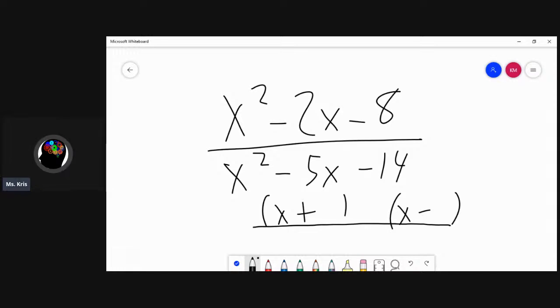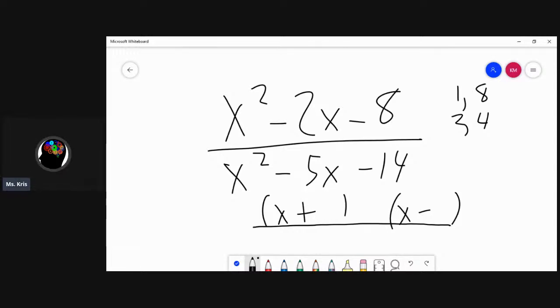So what multiplied together gives me a negative 8? What subtracted from each other gives me a negative 2? Just in case you don't know the factored pairs of 8, here they are. You have 1 and 8, 2 and 4. That's it.